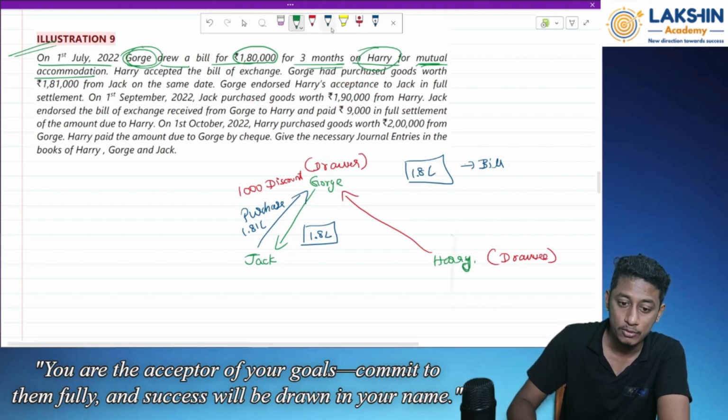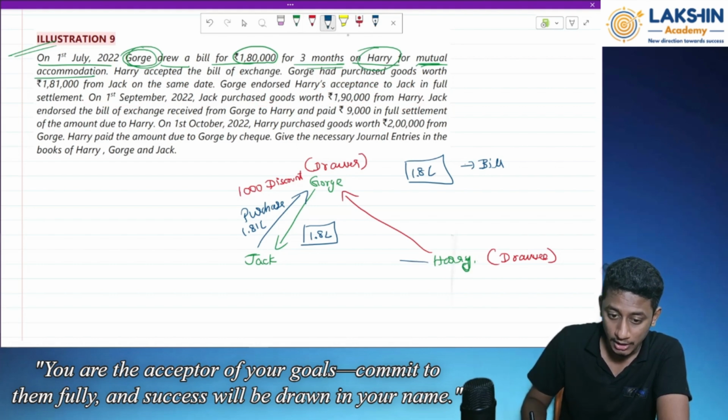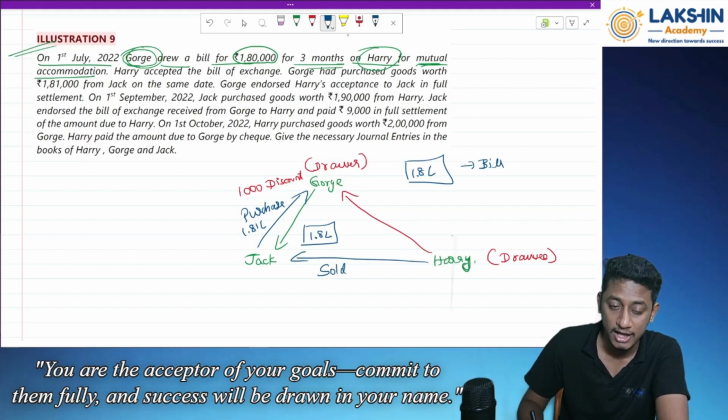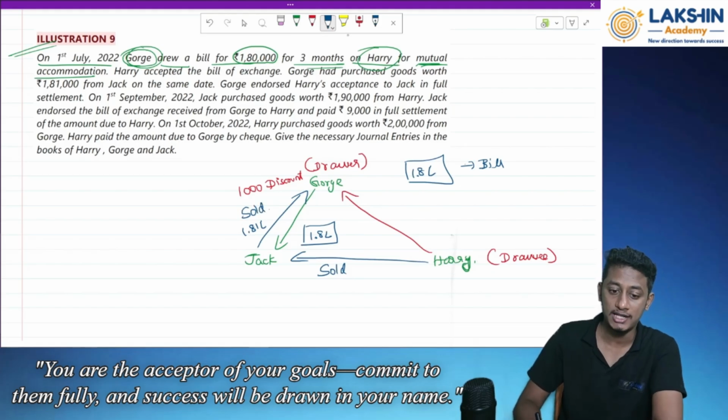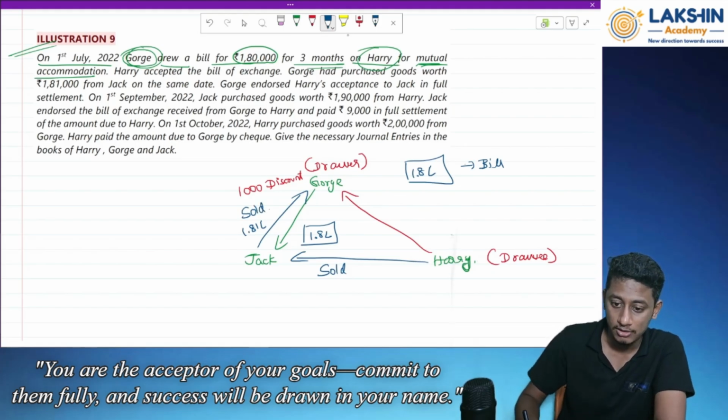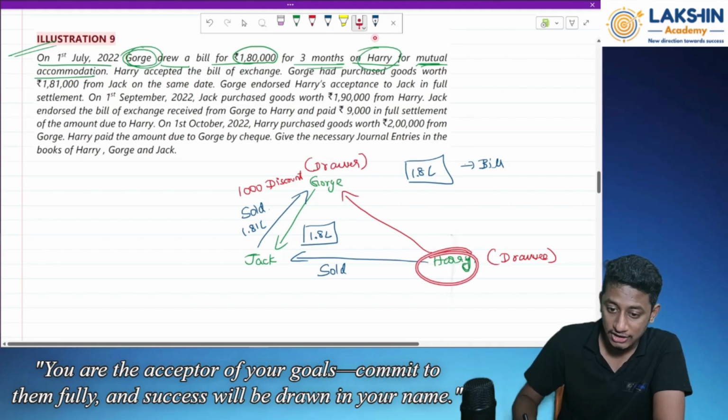Now who is purchasing from whom? Harry has sold some goods to Jack.